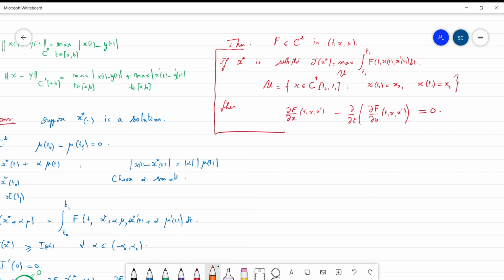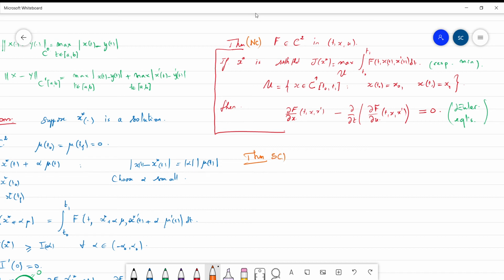So for a maximum or, respectively, a minimum, we have the Euler equations. These are Euler equations, the necessary conditions satisfied by an optimum point. The second theorem we state without proving it. So this is the necessary condition.